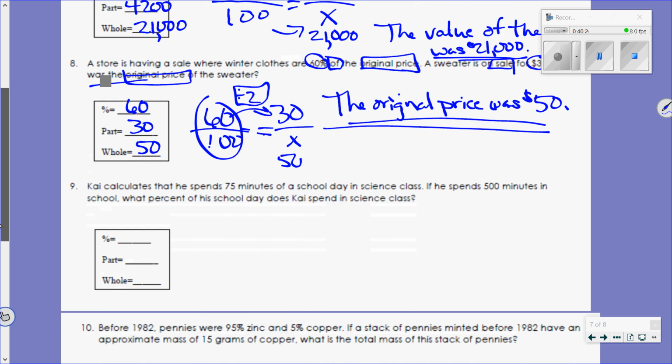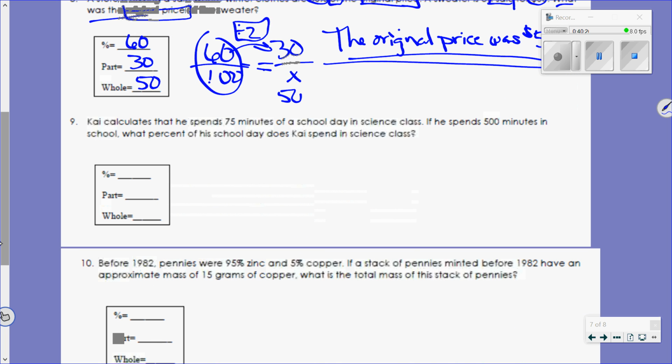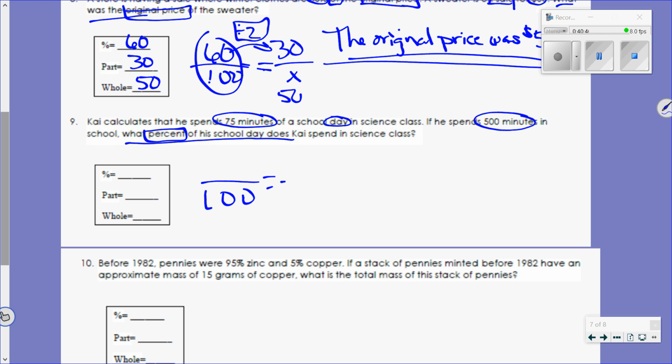The next one should have been pretty simple. He calculates he spends 75 minutes in a school day in science class. If he spends 500 minutes in school, what percent of the school day is in science? Get your basic frame down. What's my percent? I don't know.